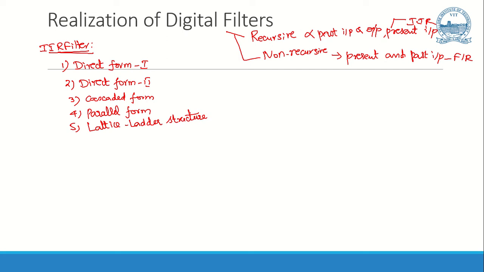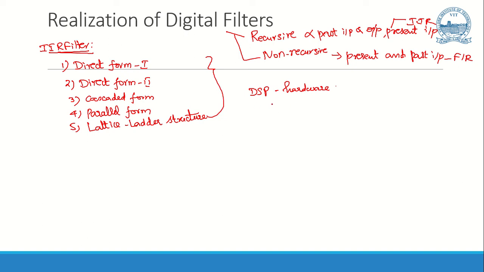All these are classified based on how a filter is really implemented using DSP hardware. So based on the DSP hardware, how it is realized.